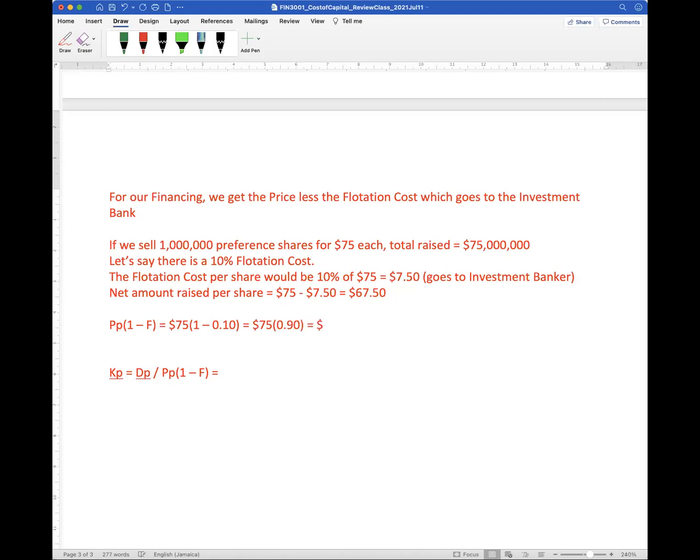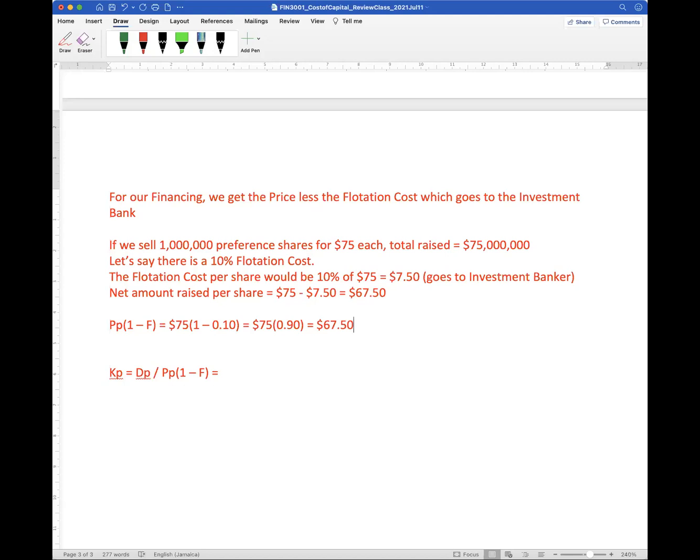Let's work that out quickly: 75 times 0.9 gives you 67.5. So all it does is take out the dollar value of the flotation cost.